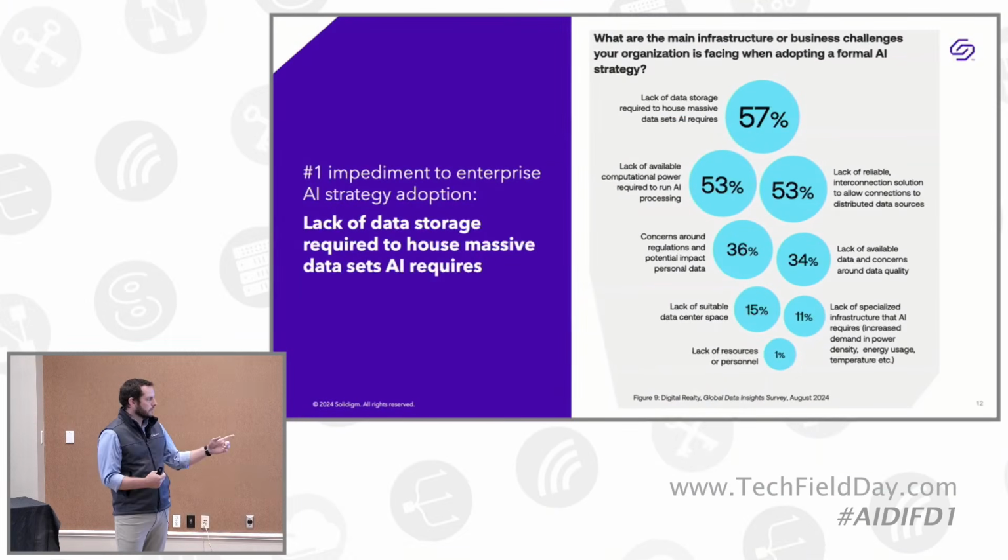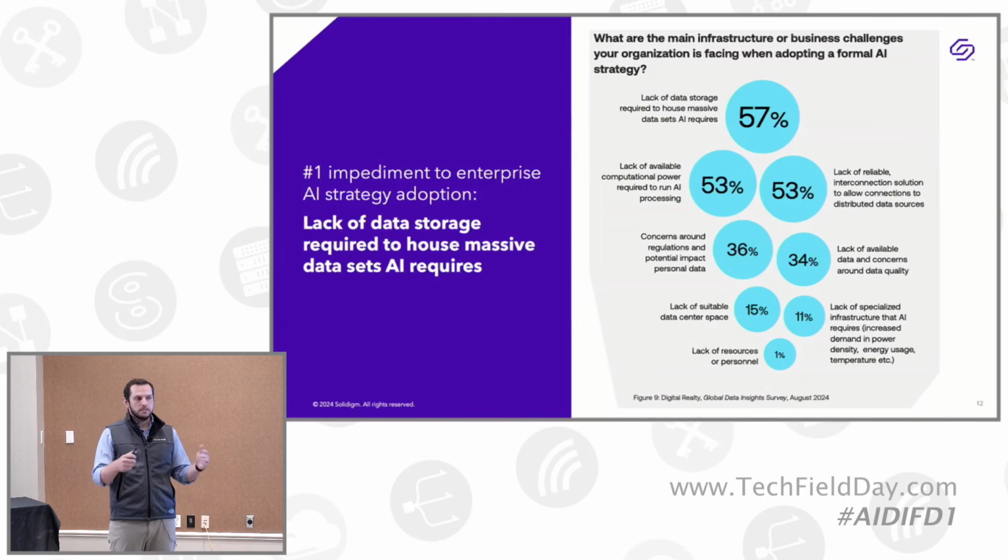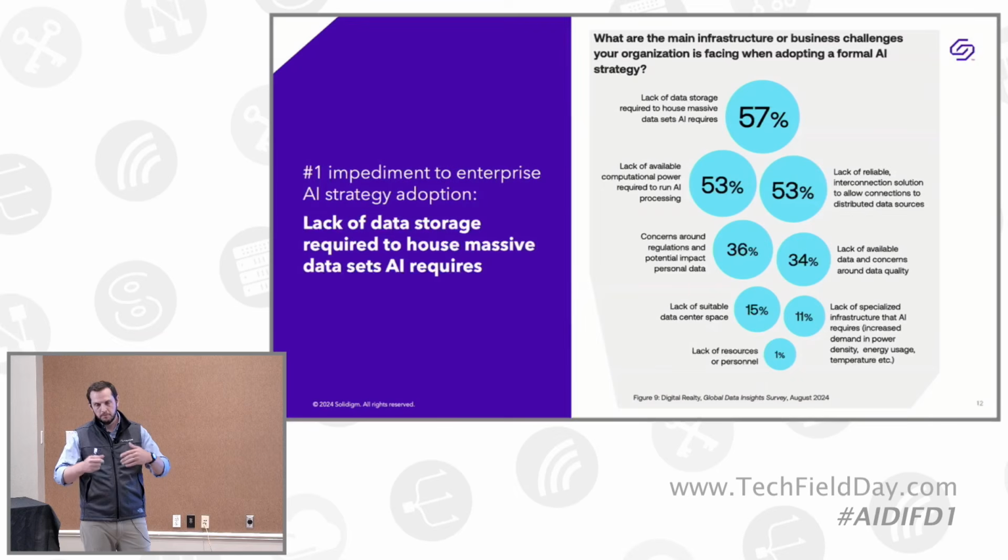But what we're hearing from enterprises is that's the second biggest thing that keeps me up at night. The main one is the data storage, because these data sets that we're training the models on are getting bigger and bigger and bigger. And it's difficult to find enough storage or to do so in a way that's feasible, that's optimized, for the constraints that enterprise is facing when they're building out their infrastructure.